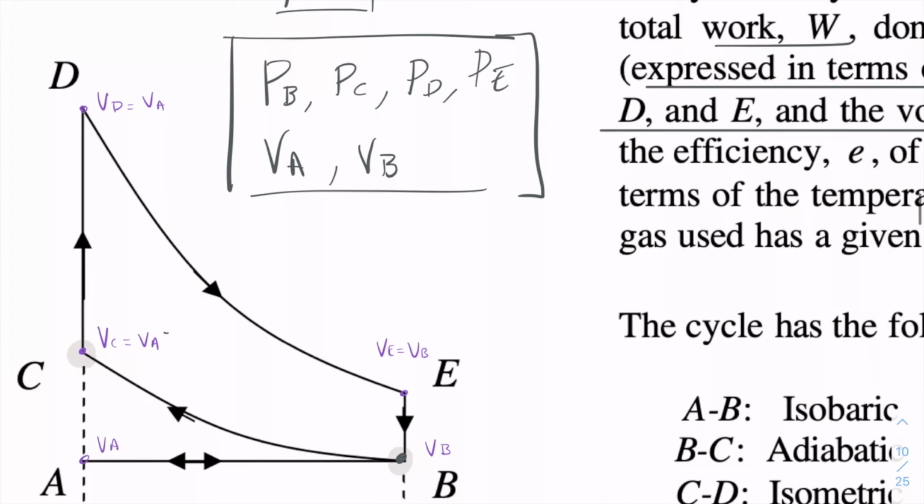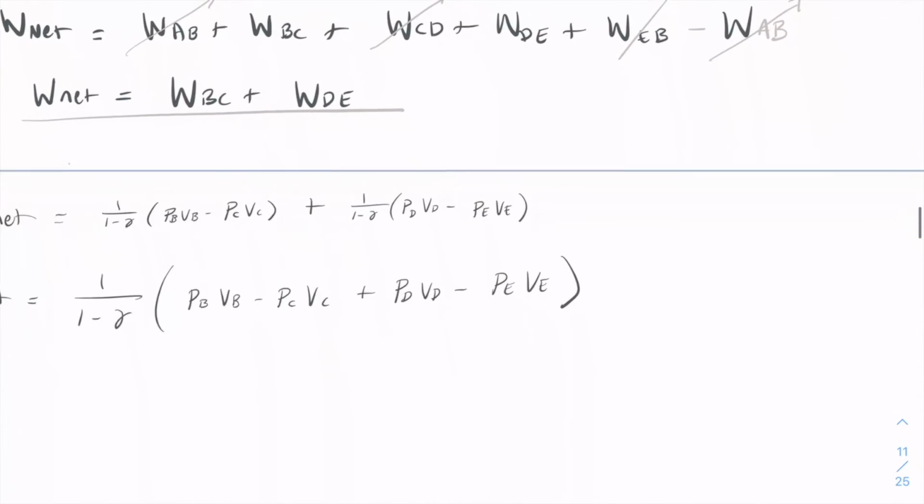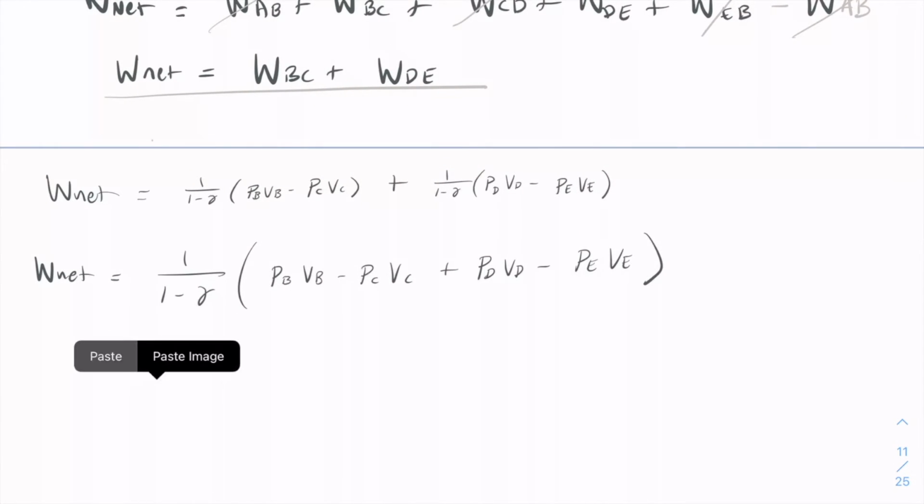a pain for me. So I know that V_A is equal to V_C, V_D, and I know that V_B is going to be equal to V_E. So I'm going to copy these and take them down. Okay, so in my expression, I have some things that I'm not allowed.